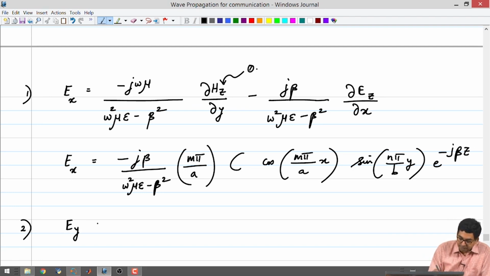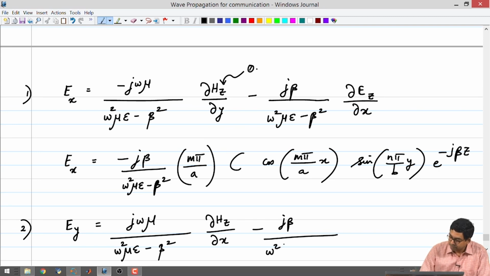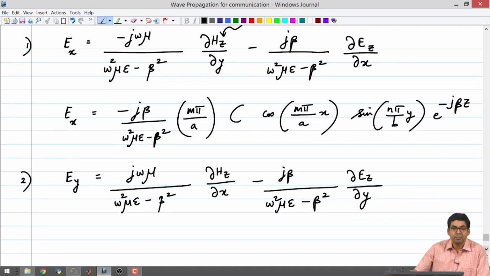Just for the sake of completeness, I will write it for Ey also. So, I have j omega mu divided by omega square mu epsilon minus beta square, and so on. This would be the form for Ey. Once again Hz will be made 0, the way we have assumed.